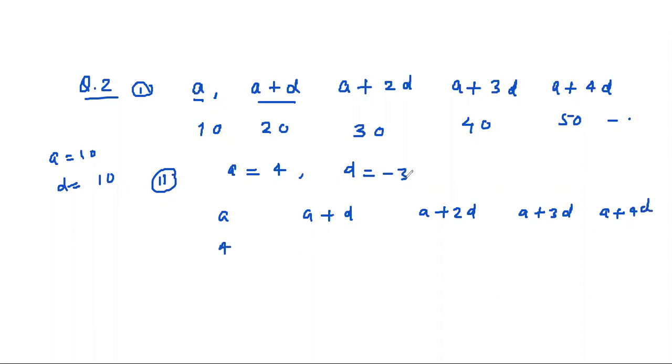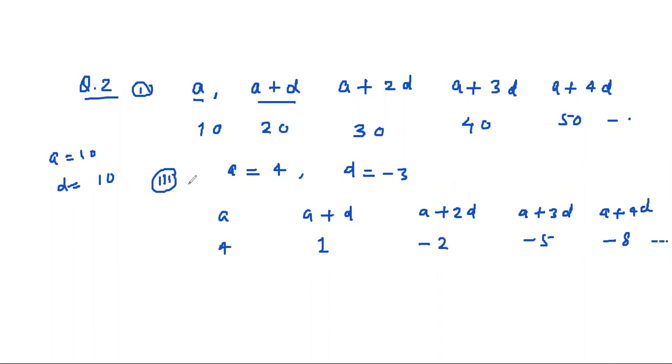Then we subtract 3 from this, so we will get 1. Then again it will become -2. Then it will become -5. Then -8, etc. Let's go to the next part.